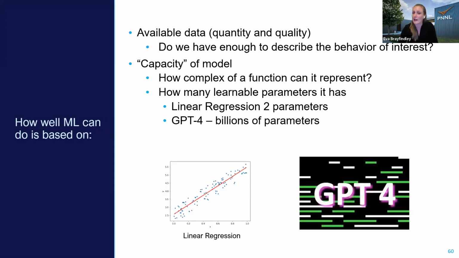You have an X and Y, and that's it. When you talk about things like GPT, you have billions of parameters that your model can learn. Don't use GPT when linear regression will suffice, and don't use linear regression when you need GPT. So understand the limitations of the models that you have and what you might need in future.